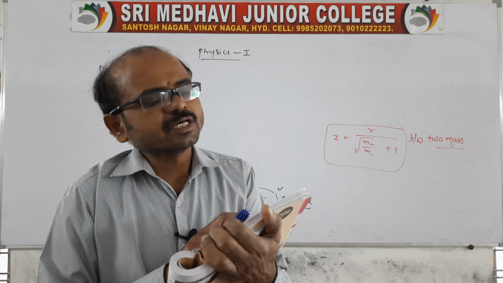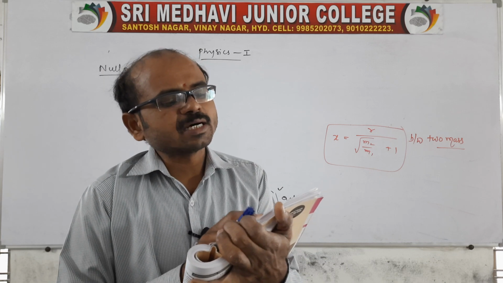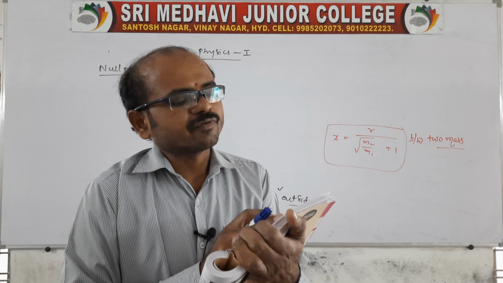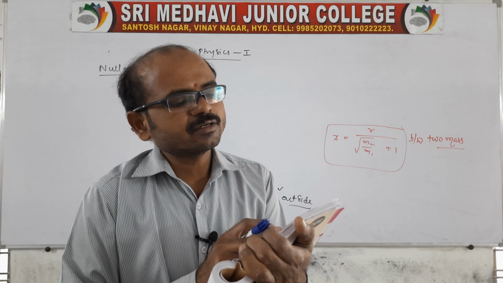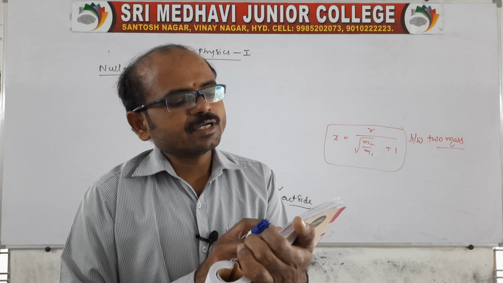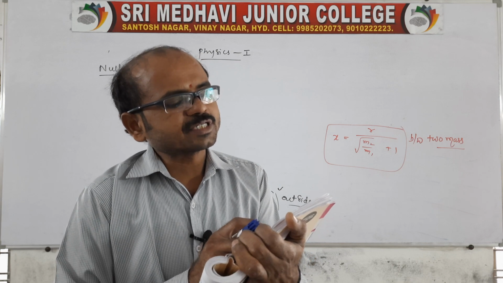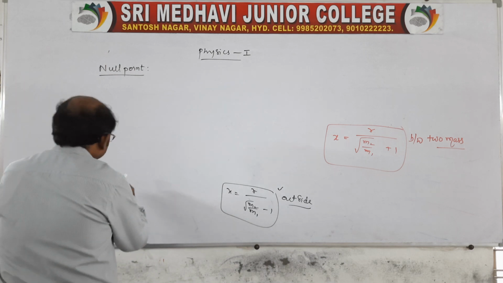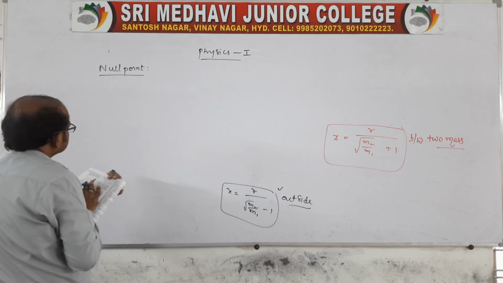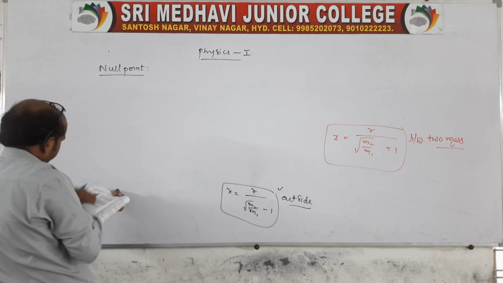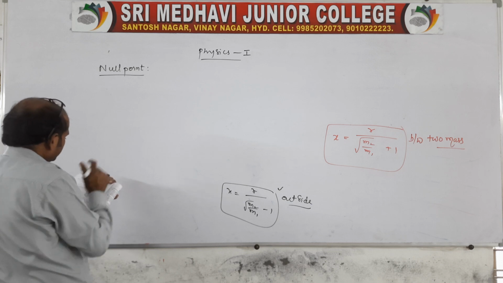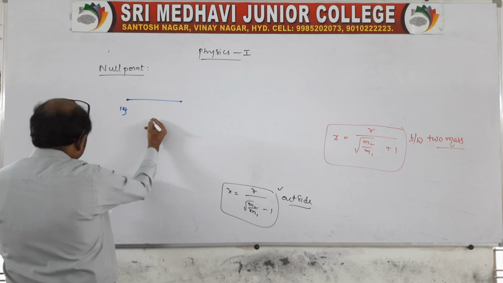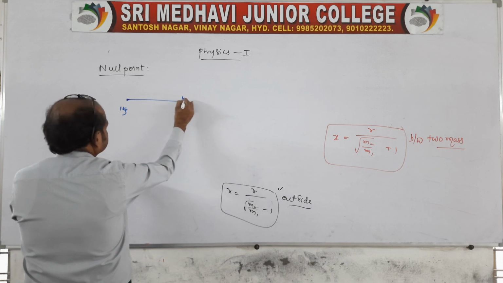See, two spherical balls of masses 1 kg and 4 kg are separated by 12 centimeter. Find the distance from a point from the mass 1 kg at which the gravitational force on any mass becomes 0. So the given is two spherical balls of masses 1 kg and 4 kg.